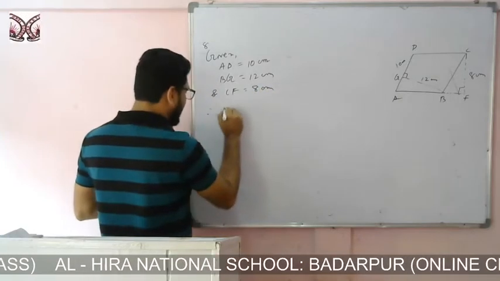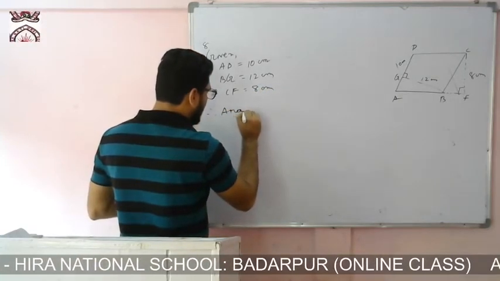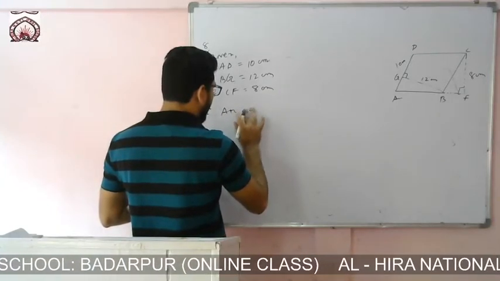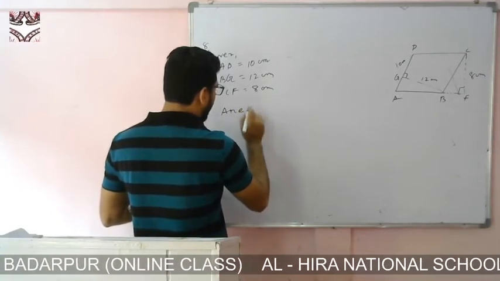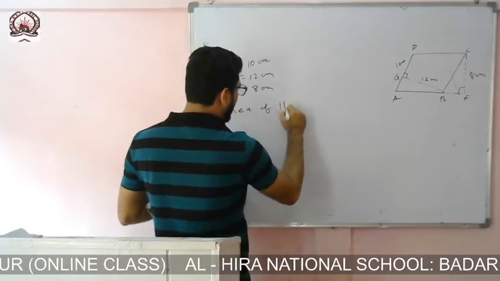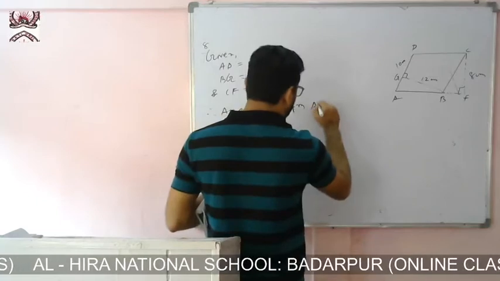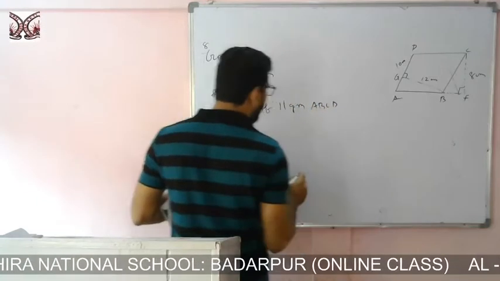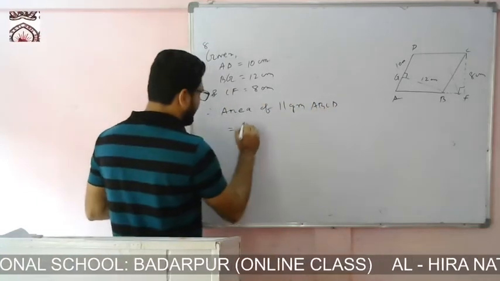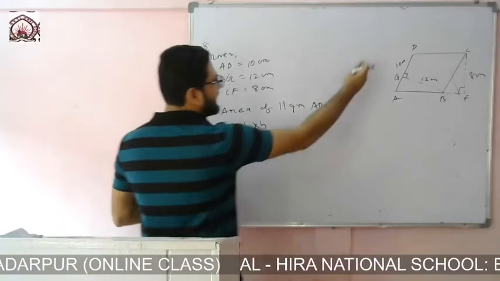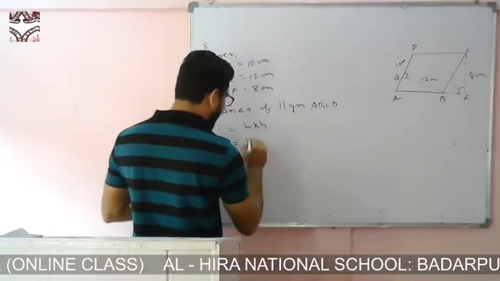So therefore, area of parallelogram ABCD will be base into height. If I take this one as the base, then 10 centimeter.